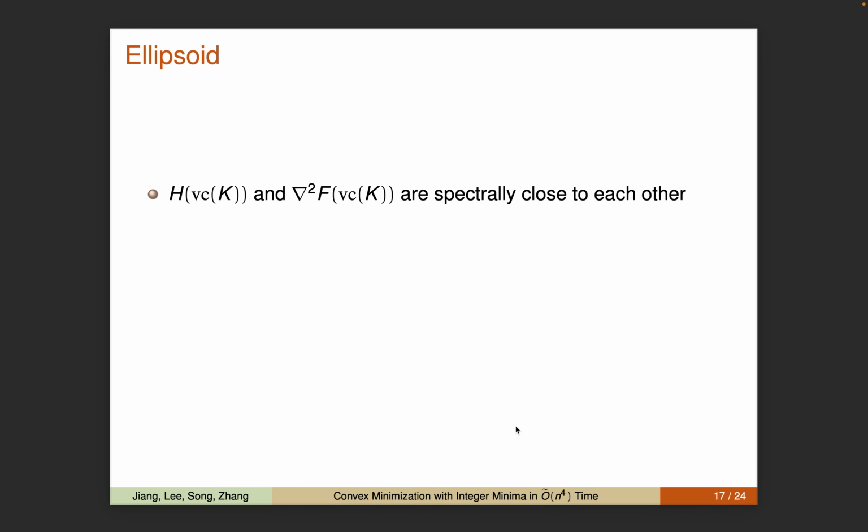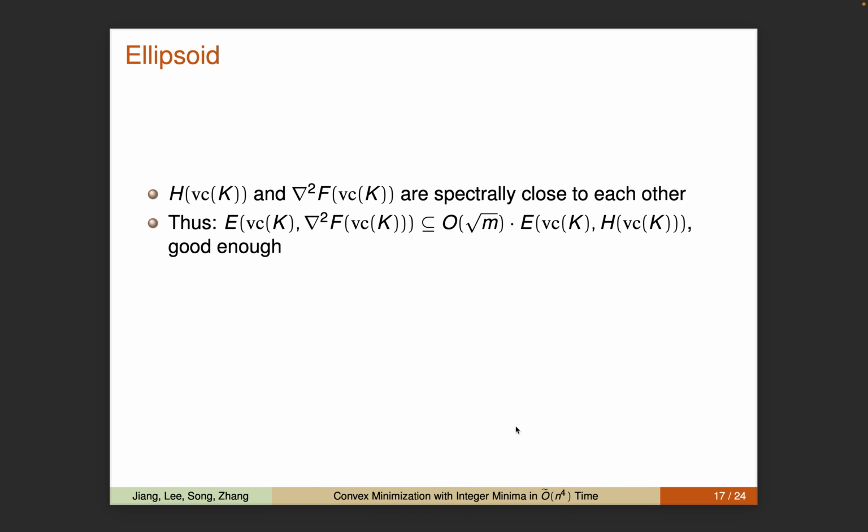A key property to leverage here is that h of K and the Hessian of the volumetric function are spectral approximations to each other. Therefore, one can conclude a one-sided containment that encloses the ellipsoid induced by the Hessian with the ellipsoid induced by the h function, by a blow-up that is polynomial in the number of constraints.